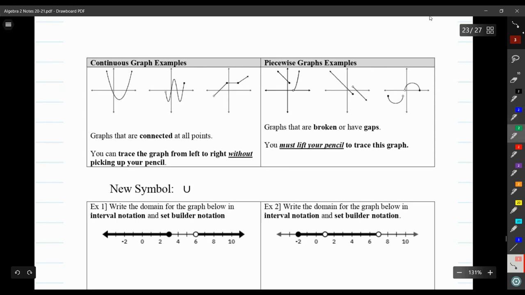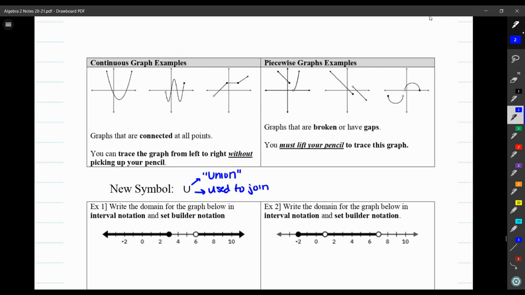Now, for the domain and range of piecewise graphs, we have a new symbol. We have this U, which is called a union. We use it to join pieces of the domain or range, but we only use it in interval notation.